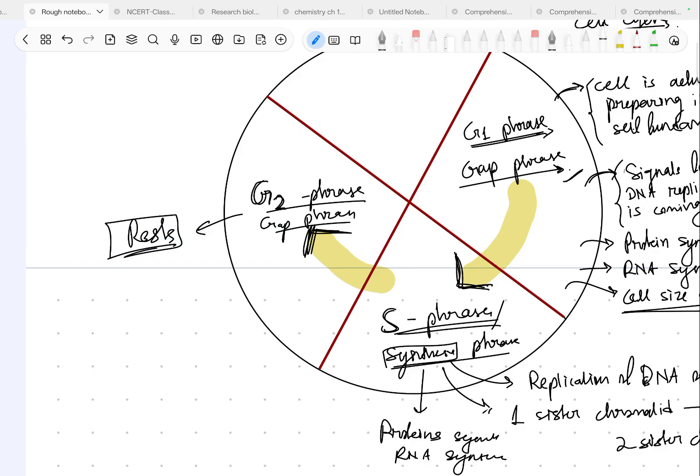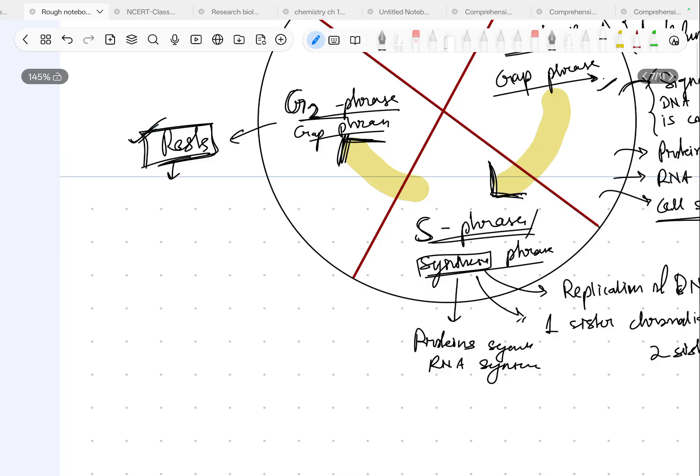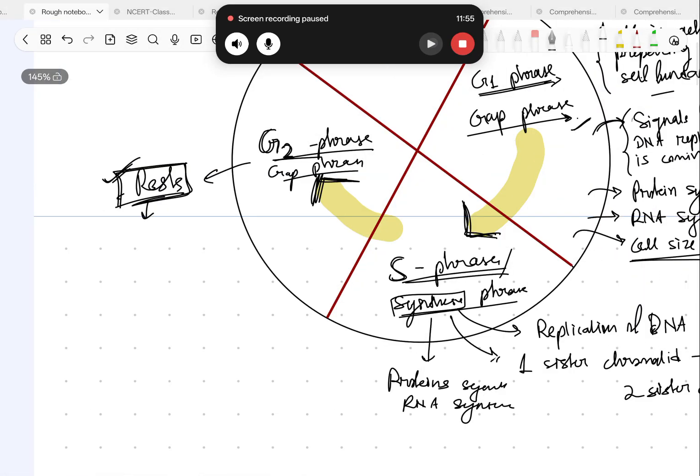Telling rest is not quite right, because although it is resting, it has done many things, so it has to rest.